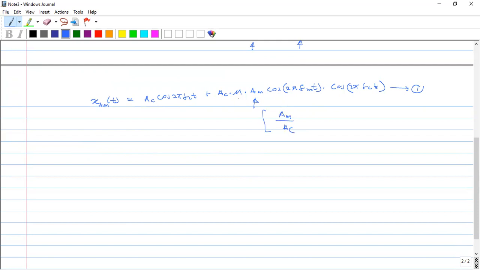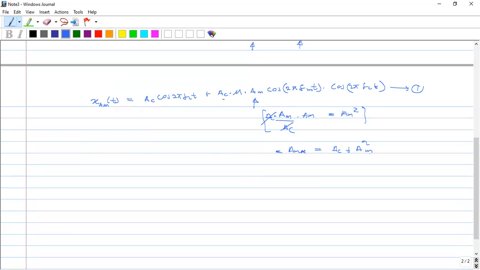If I apply that here, AC times AM by AC, that is mu, times AM, this AC cancels out, and I get AC mu AM, so AM square instead of here. So I get AC, AM square.